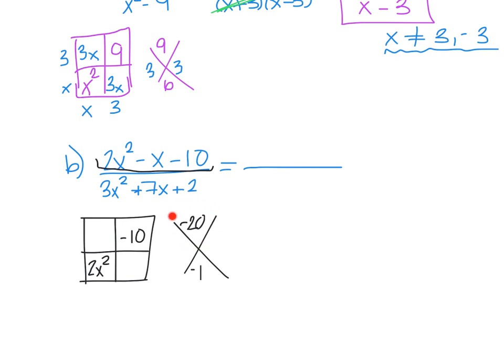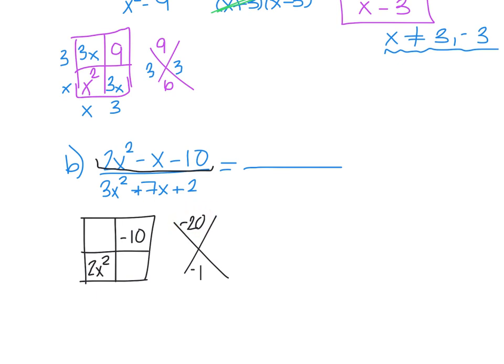My possibilities for multiplying to 20, that would be 10 and 2, but I can't combine 10 and 2 to add or subtract to get negative 1. 20 and 1 also multiplies to negative 20, but they don't add to negative 1. 4 and 5 would combine to negative 1 if my 5 was negative and I added 4 to that, and negative 5 times 4 would be negative 20.